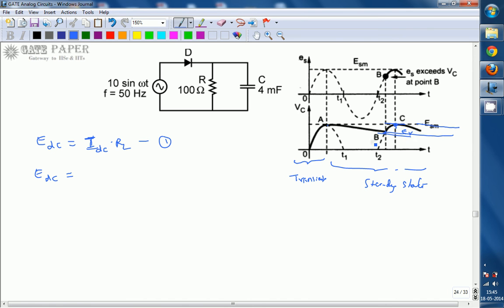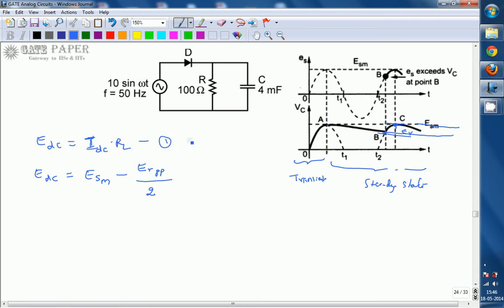So we can calculate EDC the other way as ESM, the maximum peak, minus ER peak to peak divided by 2. ER peak to peak is the peak to peak variation of the output signal, from B to C, but the average is half of that, so we subtract that half voltage. That way you get the average value.